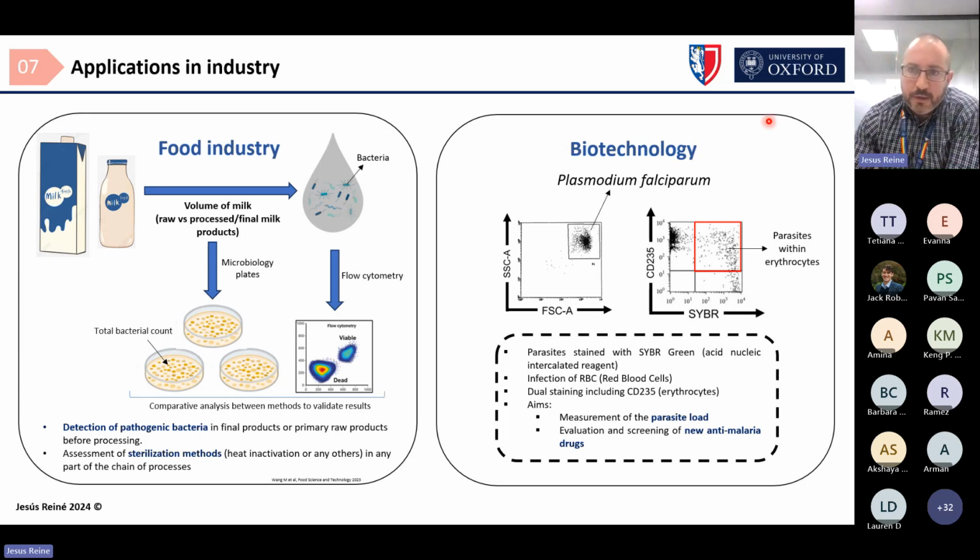Then another application that we can see in other companies is biotechnology. With biotechnology, most of the companies are focused on drug development. So here, for example, they try to develop a drug against Plasmodium falciparum. Plasmodium falciparum is a parasite, okay, which is the agent responsible for malaria.